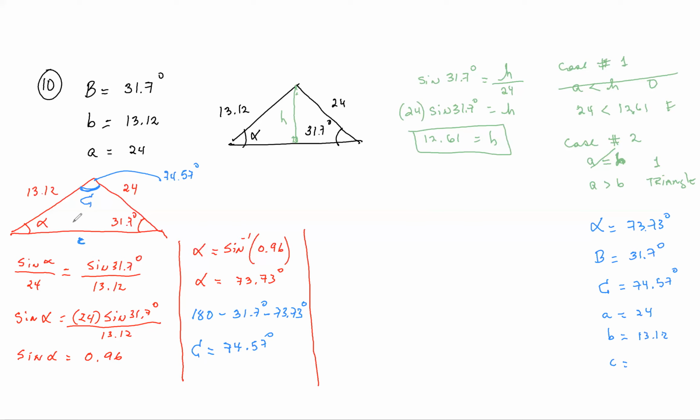I use the law of sines again. Sine of 74.57 and the opposite is c, equals sine of 31.7 over 13.12. We need to solve for c.